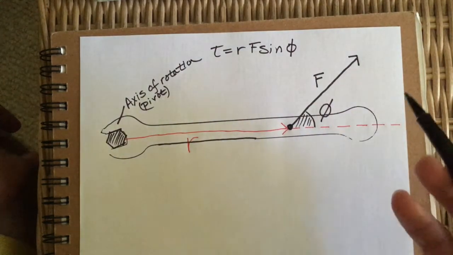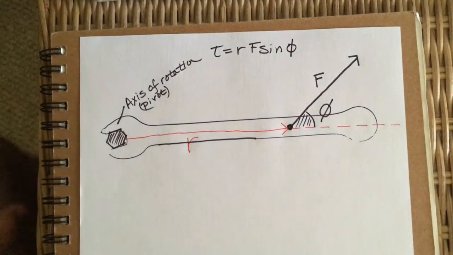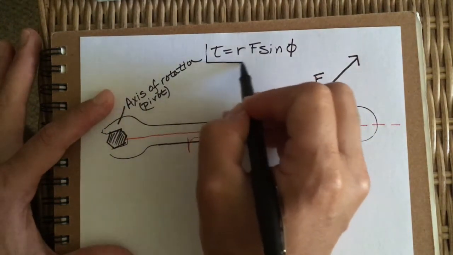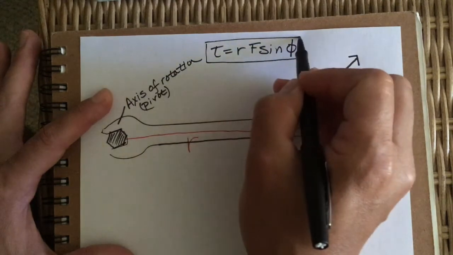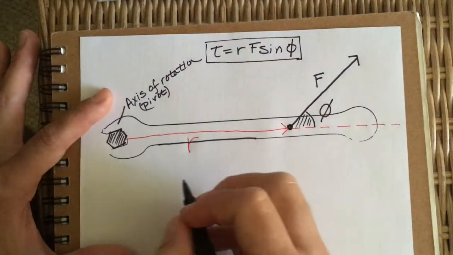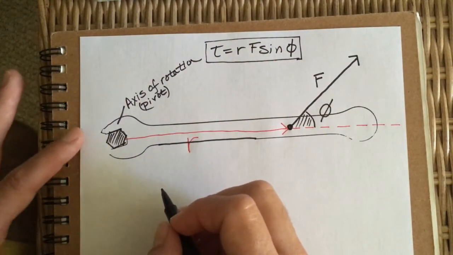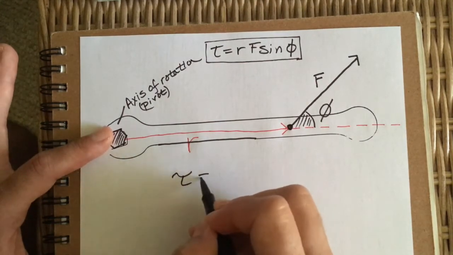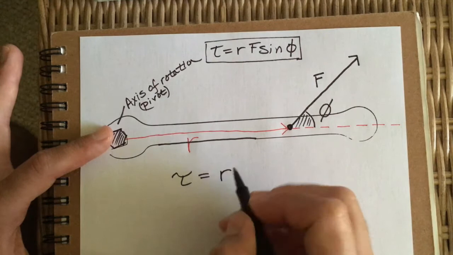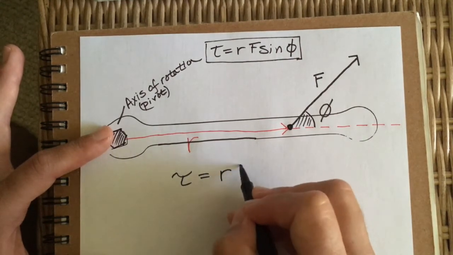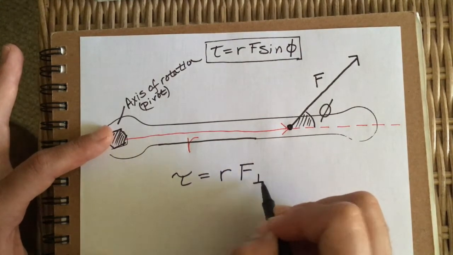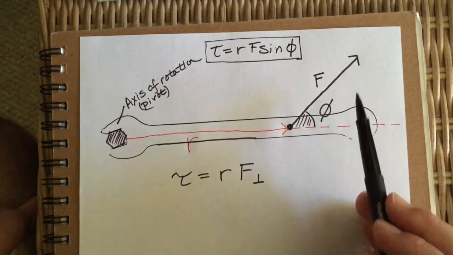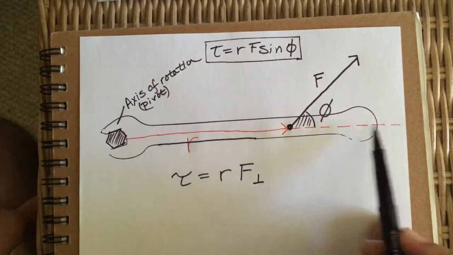So we're good so far, but we learned that this formula, what it's really trying to tell you is that torque is equal to R times F perpendicular, right? And so we need to know where the force is perpendicular to R, or the radial line here.